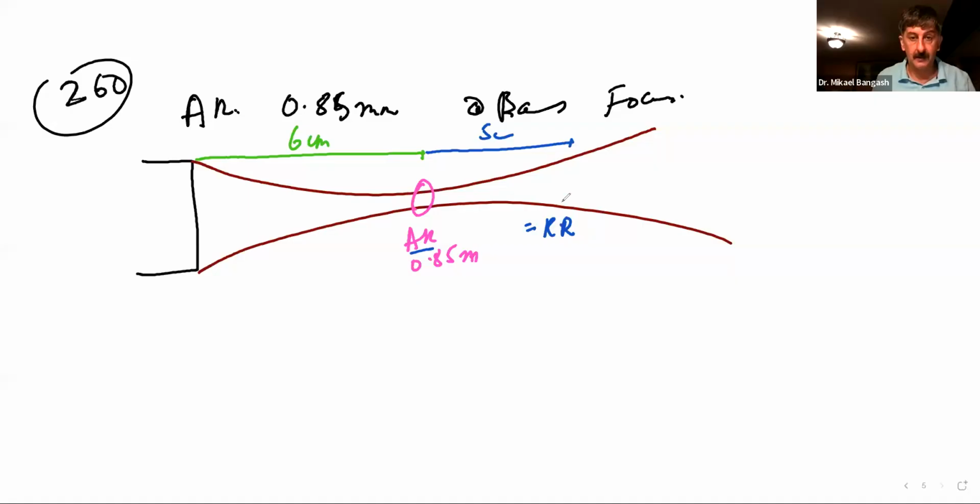Then it would have changed, because the numerical value would have been greater than 0.85 millimeters. But here they played around with the fact that axial resolution is also called range resolution.